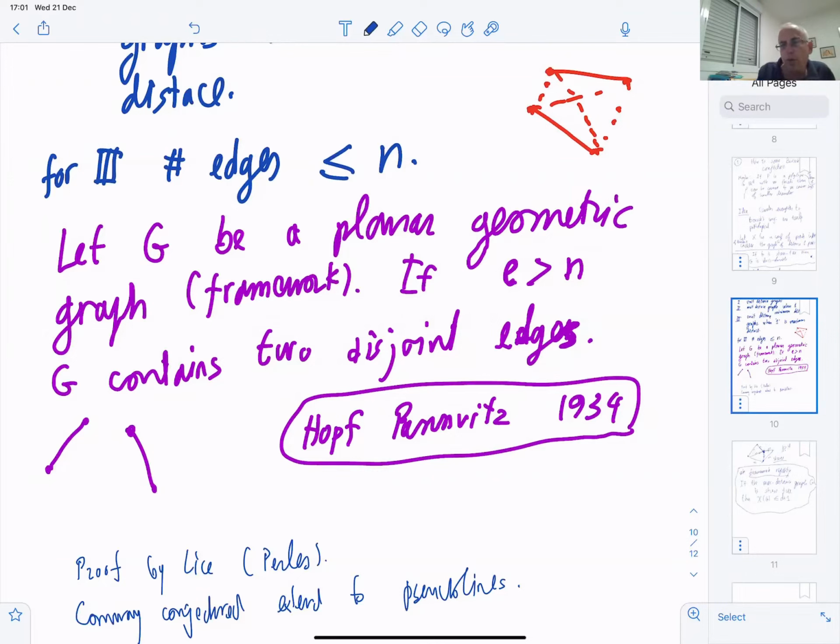But the way they prove this result about the unit distances is that they showed that if you have more edges than vertices, then you have two disjoint edges. This is the result, and it is not known for pseudo edges.